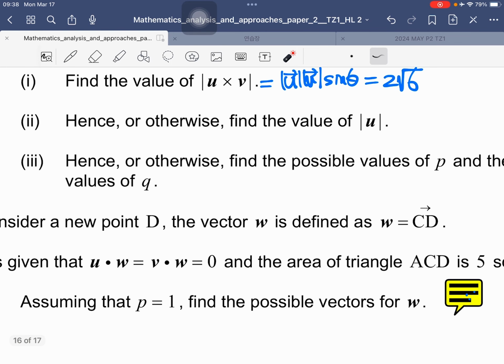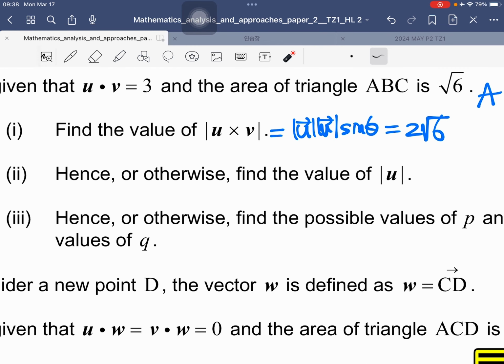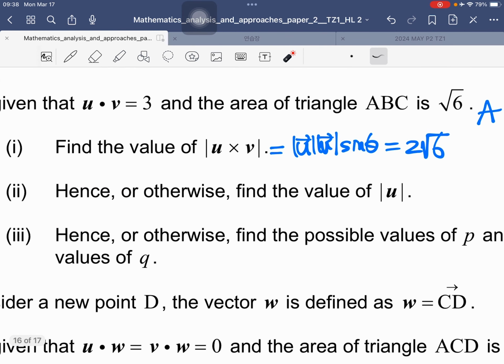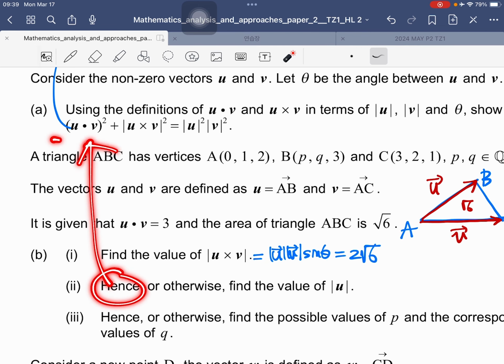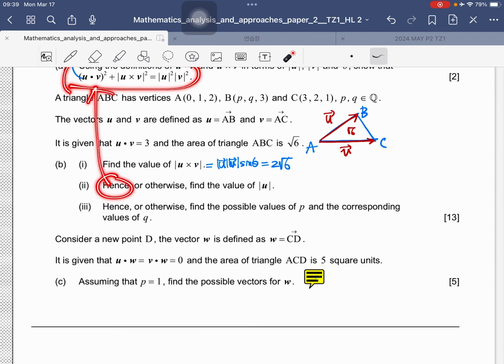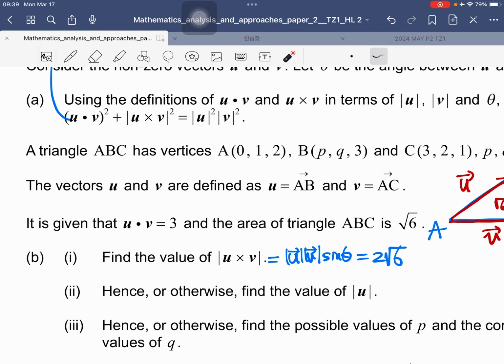Hence or otherwise, find the value of the magnitude of u. So it says "hence" over here, which is a big clue, meaning we have to use this equation here. What is given is that u dot v is 3, which is over here.